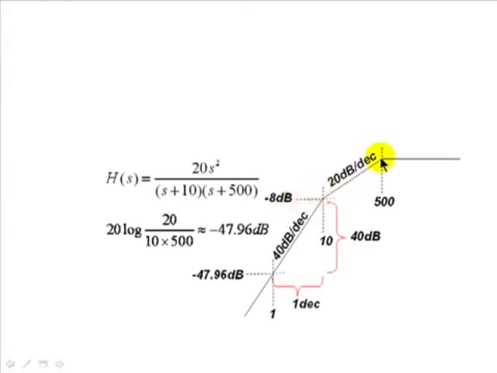And then up to the next kink, we say, well, there is 1.7 decades between 10 and 500 radians per second. At a rate of 20 decibels per decade, that is a climb of 34 decibels. Negative 8 plus 34, that is 26 decibels. And we have already the amplitude Bode plot.